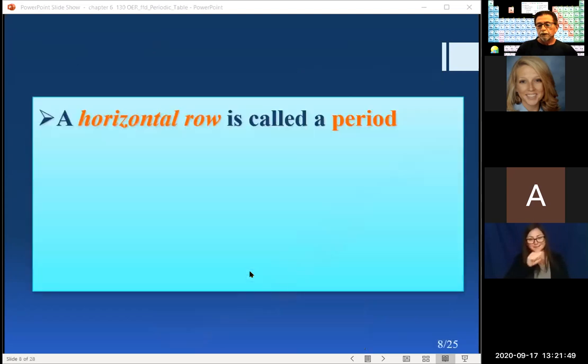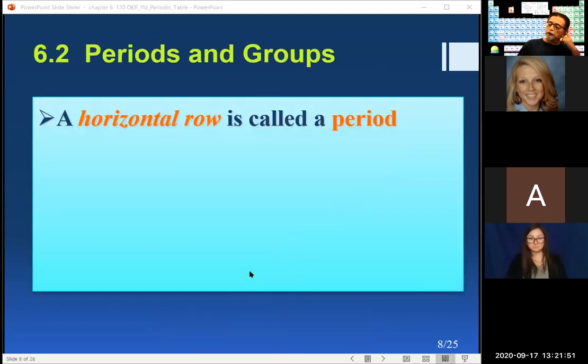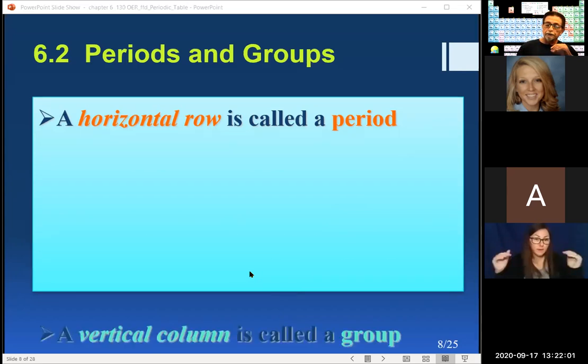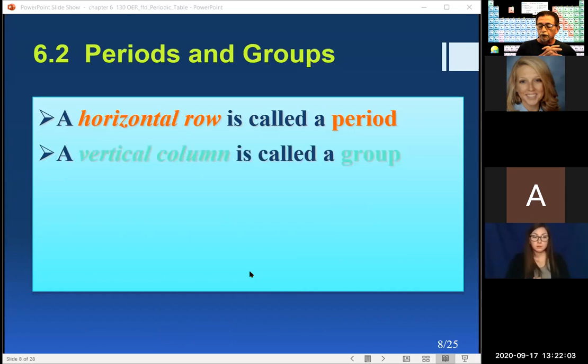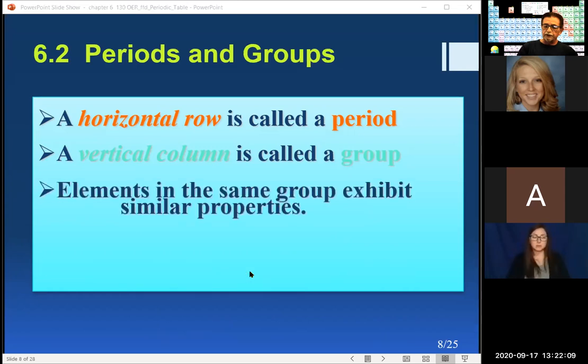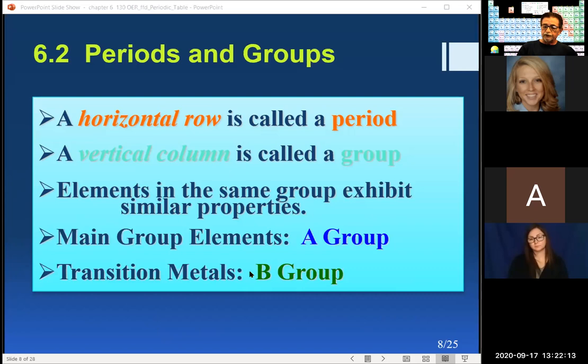Okay. Now, I already mentioned this, the horizontal rows, we call them the periods, energy levels. Okay. The verticals are called groups. Sometimes they're called families, simply because they have similar reactivities. Okay, because they have similar properties. Okay.